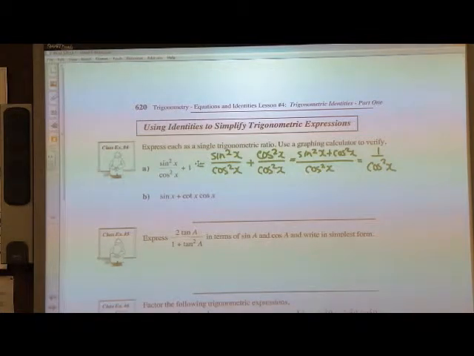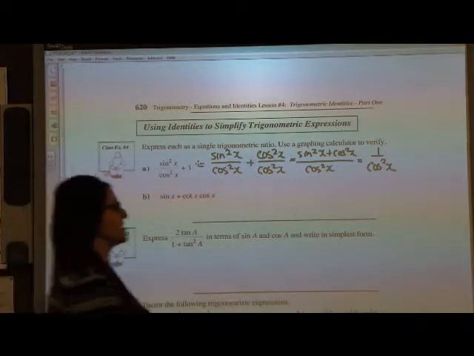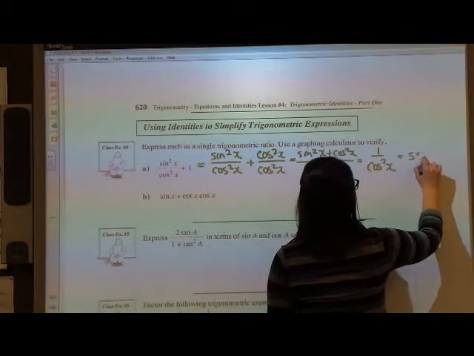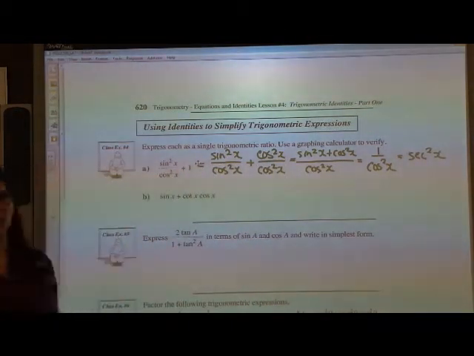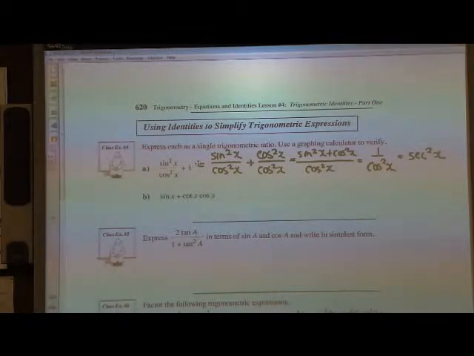What do I know about 1 over cos squared x? Look on your sheet. It equals secant squared x. So I've taken an expression and simplified it into a single trig ratio.